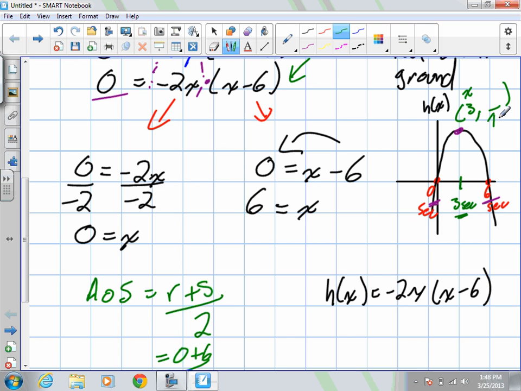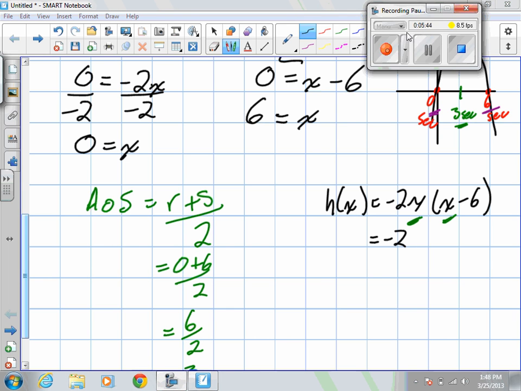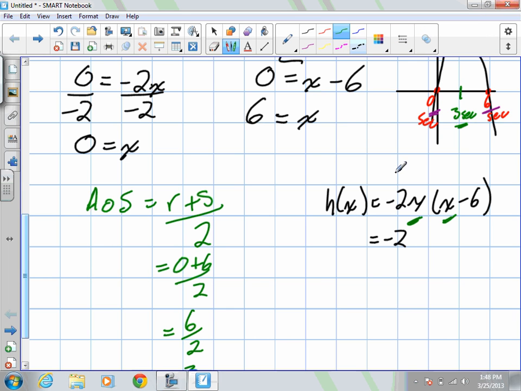Okay? That means we're going to take values and plug them in for x, specifically the value of 3. So, we plug in 3 for x.